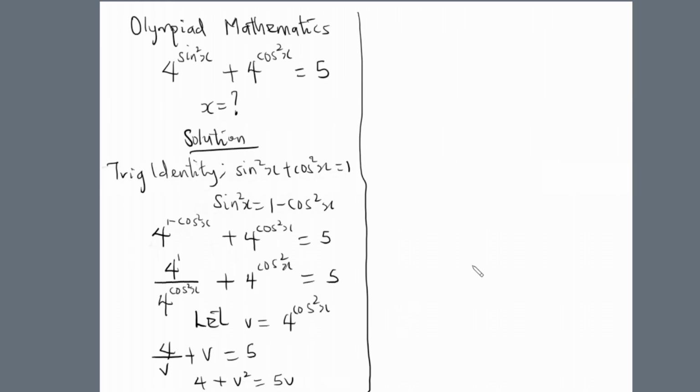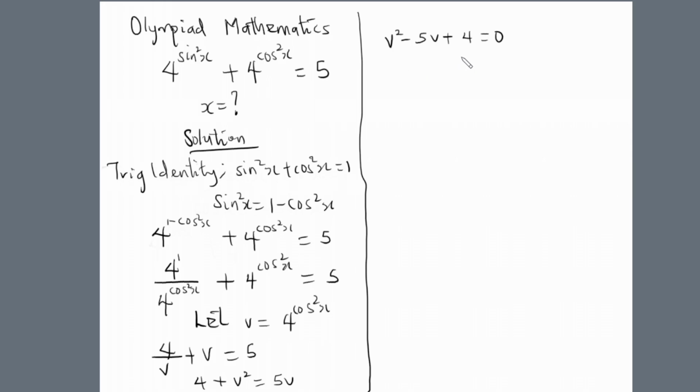You have translated it into a quadratic equation. Now I'm going to bring everything to the left-hand side: v squared minus 5v plus 4 equals 0. How do I get the values of v from this problem?